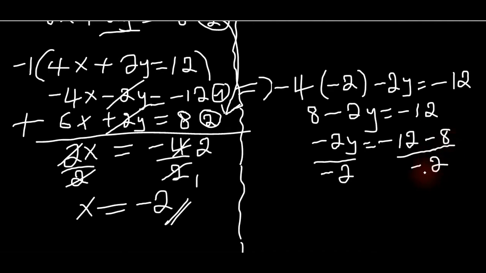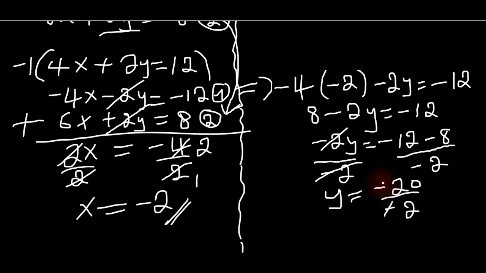So the negative 2 is going to cancel out, and we're going to have y is equal to negative 20 over negative 2. So this negative is going to take out this negative, 2 is going to cancel itself, and 2 is going to go into 20 10 times. So y is equal to 10.